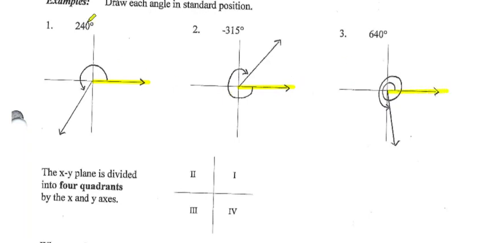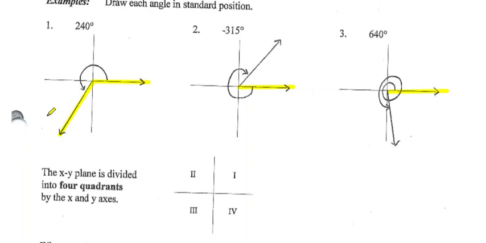Then you've got to look at 240 degrees and ask yourself, what quadrant is that going to end up in? So 0 to 90 is in the first quadrant, 90 to 180 is in the second quadrant, 180 to 270 is in the third quadrant, and then 270 to 360 is over here. So this one falls in the third quadrant. So you're going to draw your line down here. I by no means want you to grab a protractor and measure it all out.